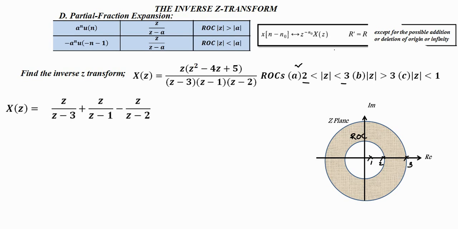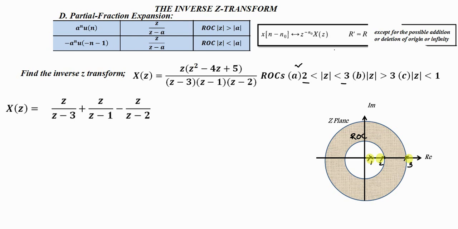Based on the basic knowledge, we know that the poles 1 and 2 lie inside this ROC, interior to the ROC, and pole 3 is outside this ROC.